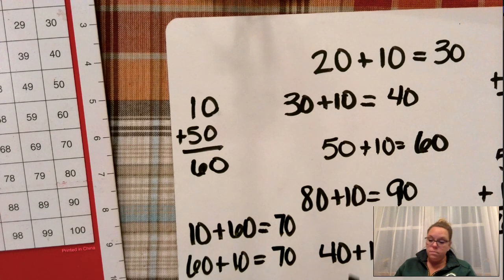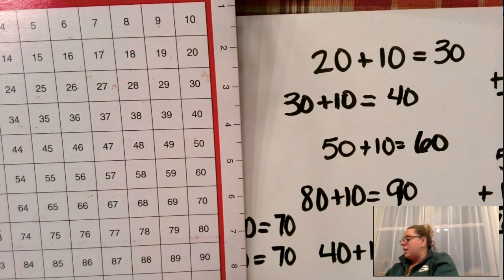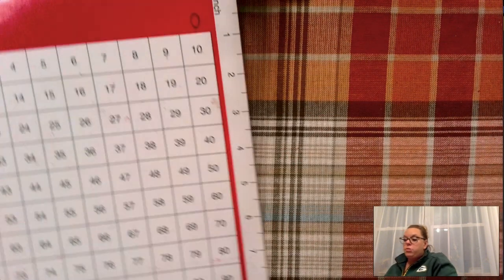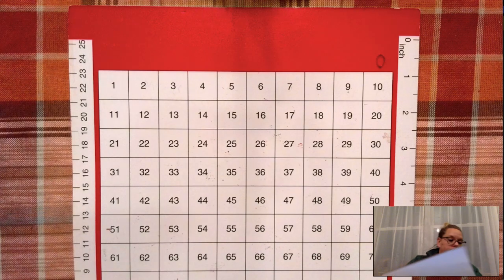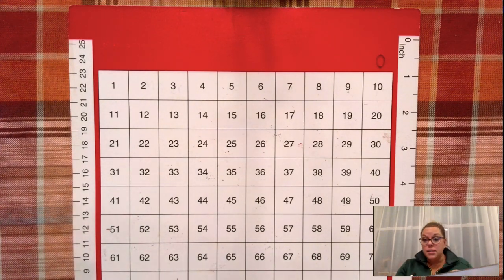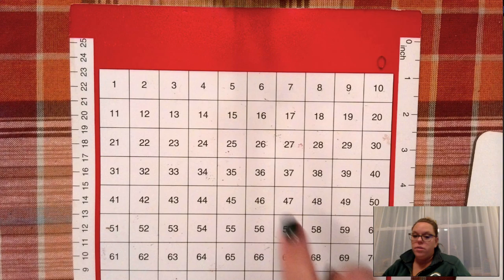Now, when we're looking at our 100 numbers chart, I want you to find the number 36. Go ahead and find the number 36 on your 100 numbers chart. What number is just above 36? Here's 36.